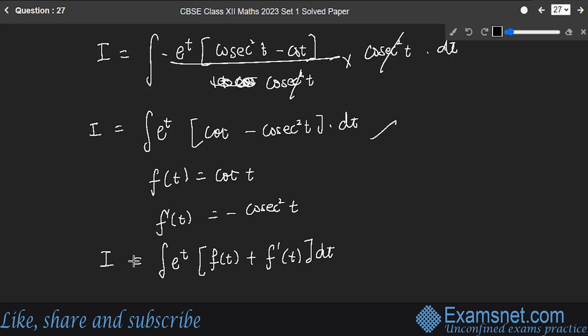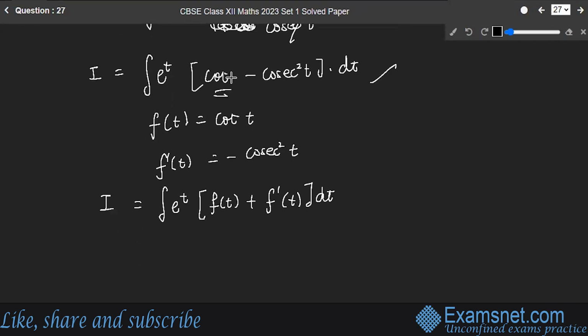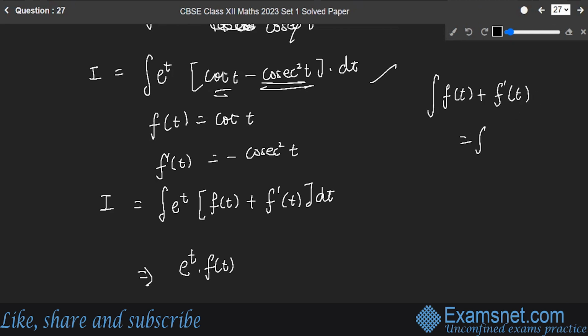And you know this, the integral of the function plus its derivative is equal to e raised to power t into f(t). So this is equal to e raised to power t into f(t) plus the constant c.